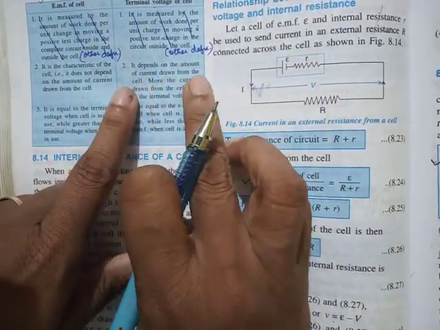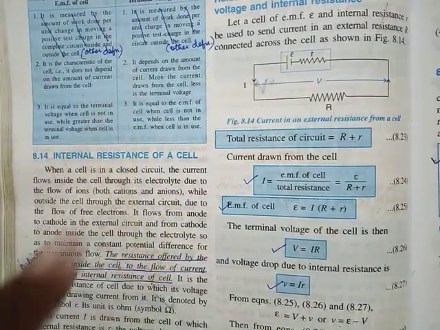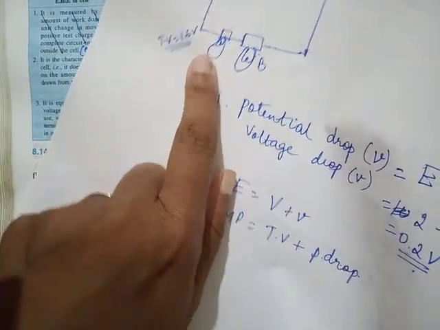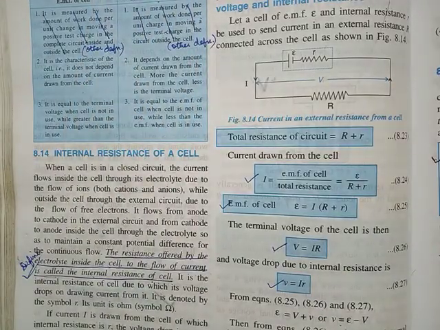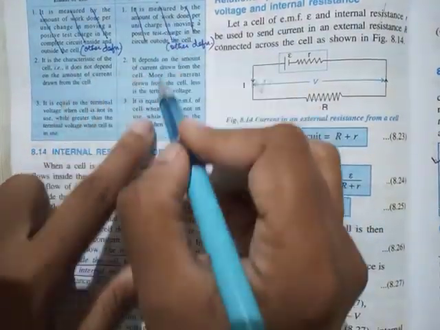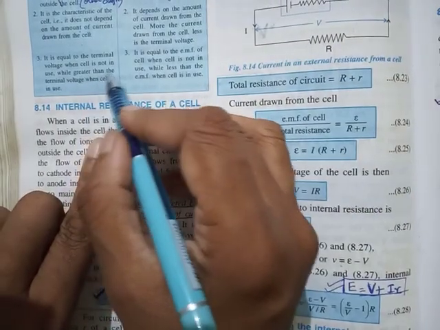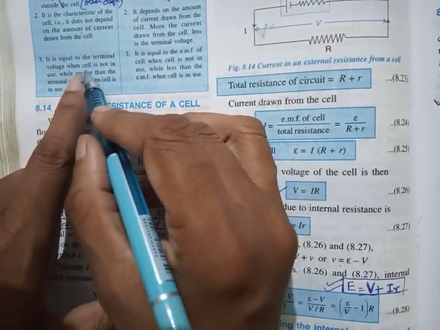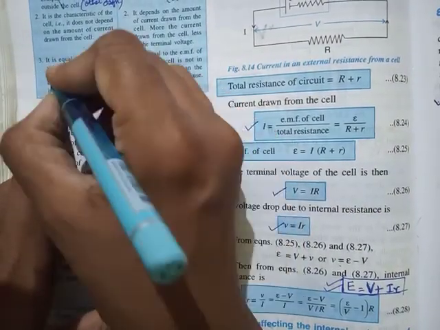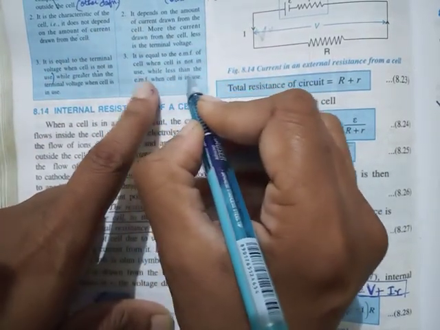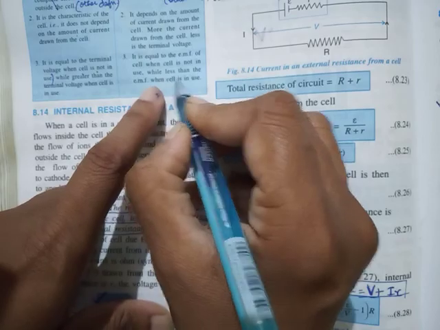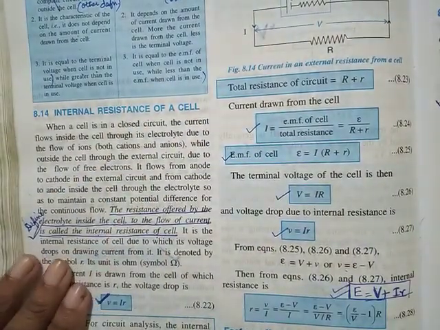So that is why this point says it depends on the amount of current drawn from the cell, and the amount of current drawn will depend on the number of resistors or loads here. So this is always constant, this keeps changing. This is equal to terminal voltage when the cell is not in use. And when the cell is in use, EMF is always greater than, or terminal voltage is always less than EMF.